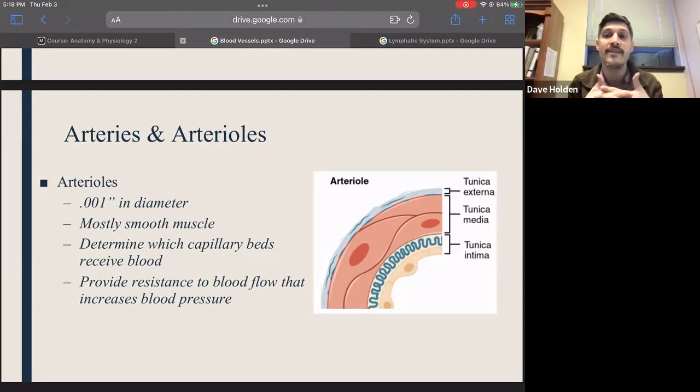They also provide resistance to the flow of blood that increases the blood pressure. We need this at this point because most of the pressure from the heart has dwindled away. By the time we get here, we're in the hand or the foot, so there's not a lot of blood pressure left. All that pressure got used up getting the blood here. So we use these thick muscular walls to squeeze the blood and get a little more pressure before we move into the next step.